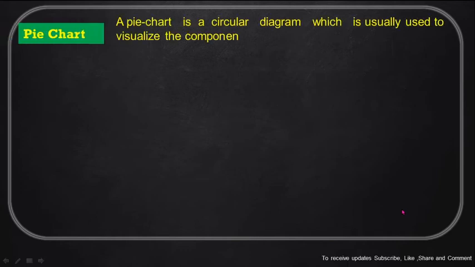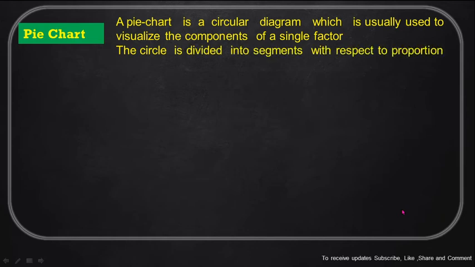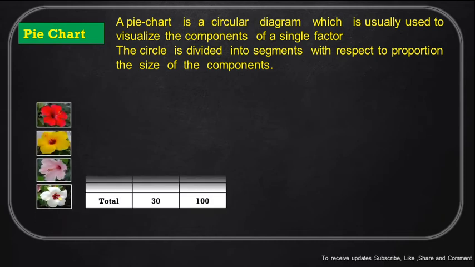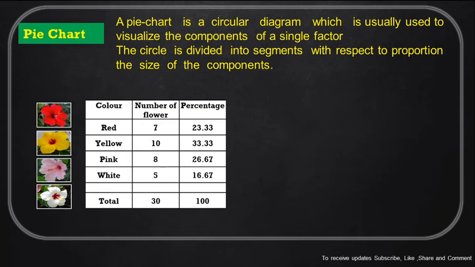See, next is pie chart. A pie chart is a circular diagram which is used to visualize the components of a single factor, and this circle is divided into different segments with respect to the proportion of the component. We have seen the hibiscus plants with different colors of flowers: red, yellow, pink and white.